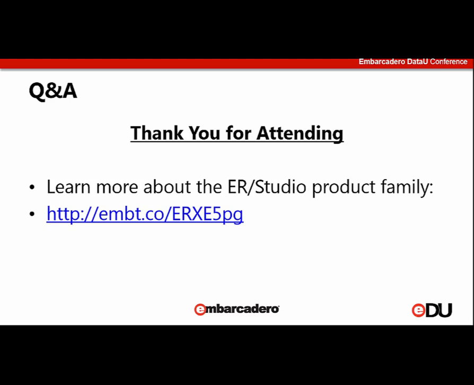Okay, Mark has asked, boy, a long question. This question relates to consistency when a large model is split into multiple files or DM1s. Rather than having one huge model, we would like to isolate our master data entities to a separate MD model DM1 that all the other models could reference.